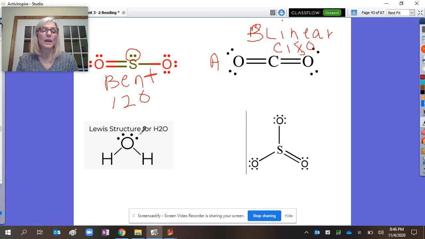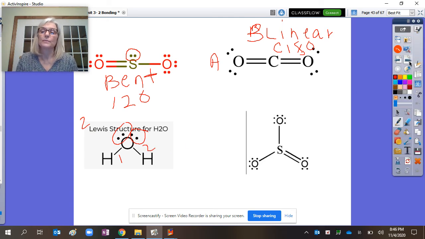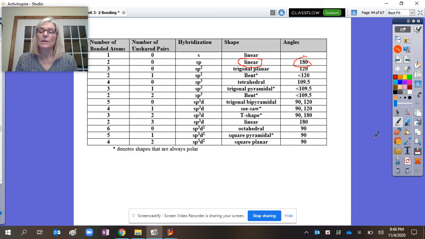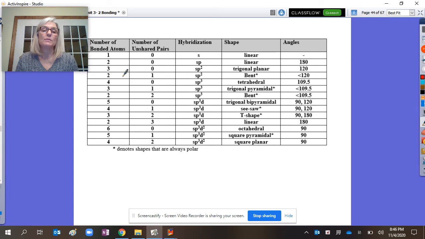All right, now let's look at water. So here we have, that's an unshared pair, and that's an unshared pair. So we have two of those. We have 1, 2 bonded to the oxygen. So we've got 2 and 2. Okay, so we look, here's 2 bonded atoms, but that's 1 unshared pair, so that doesn't work. So keep going until you find another 2.